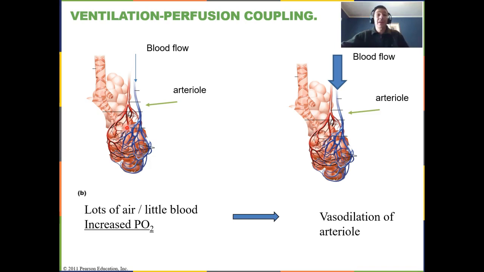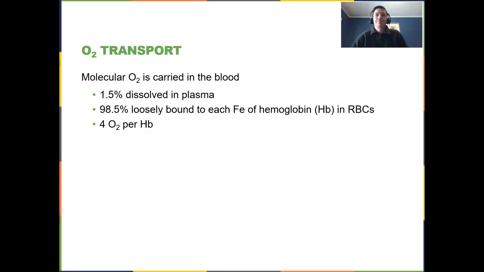This will be sensed by the body, and then you're going to get vasodilation of this arteriole. So more blood flows into the well-ventilated capillary to match ventilation and perfusion. So low PO2, vasoconstriction; high PO2, vasodilation. That's what it boils down to, and what you want to remember.